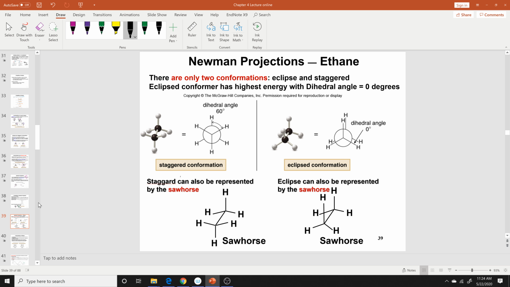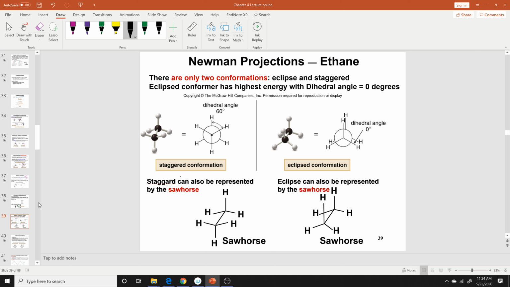If you go ahead and rotate another 60, now when we do the rotation, this is what we do. Normally we fix one of the carbons, either the carbon in front or the carbon at the back. Here they fix the carbon at the back. To do a rotation, you need to fix a carbon. So as you can see, the carbon at the back stays the same.